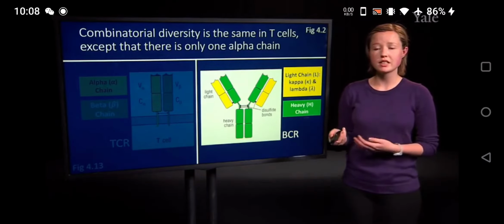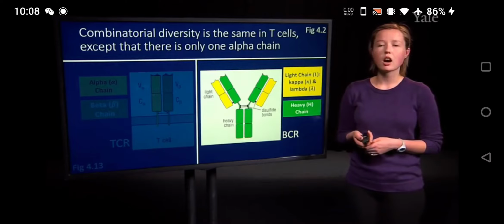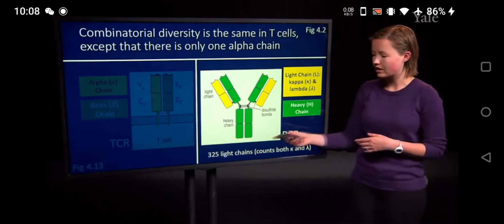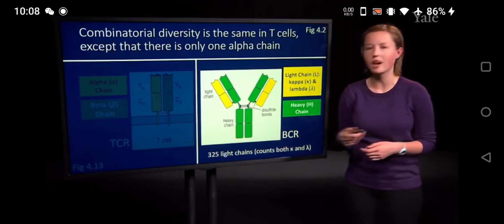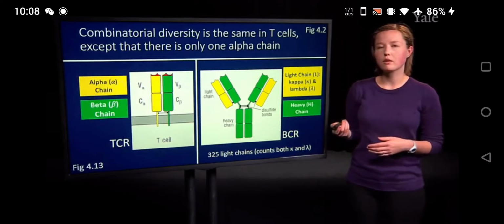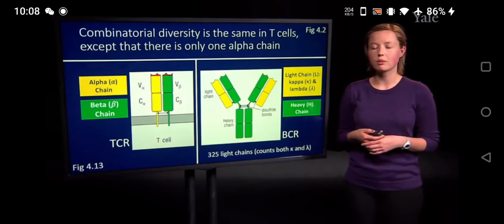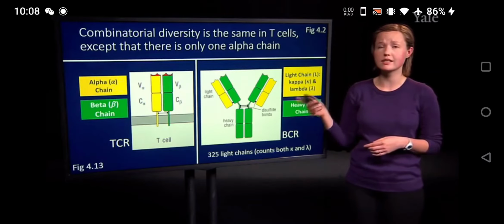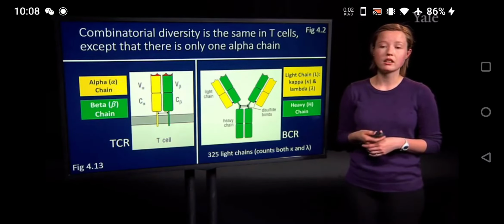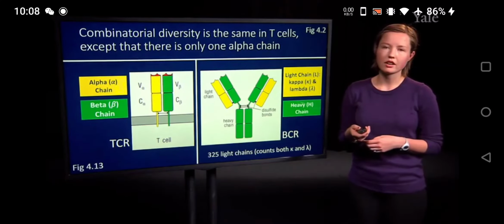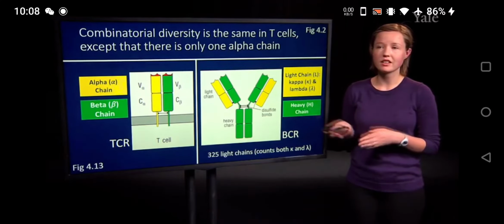Our B-cell receptor actually has 2 light chains, which is where we got this number 325 possible light chain combinations from. But just to remember, when you're trying to calculate maximum possible diversity for T-cells, there's only a singular alpha chain. And so this will affect the calculation somewhat, but essentially the process is the same.